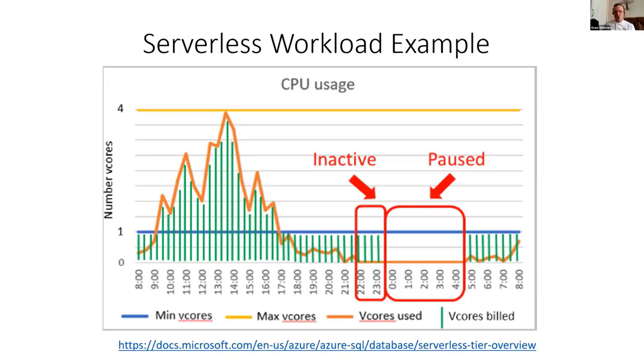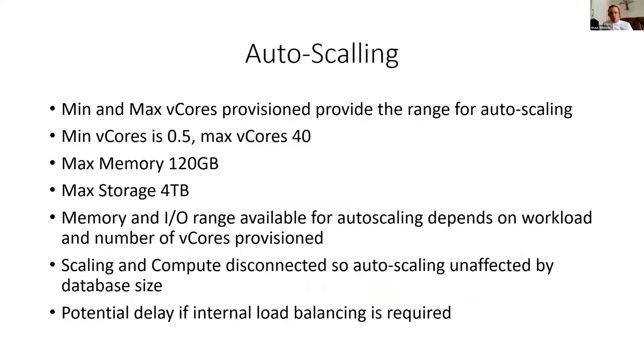So, auto-scaling. I've talked about this a lot so far already, but I just want to go into a bit more detail here. As I said, it depends on the minimum and maximum number of vCores that you provision. In the background, serverless just manages that auto-scaling for you. You don't have to do anything. The minimum number of vCores you can set is 0.5. The maximum number of vCores you can set is 40.